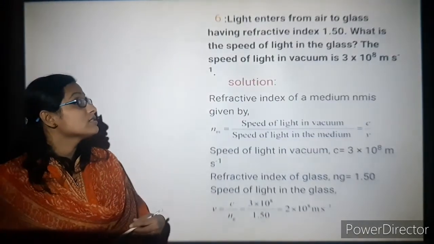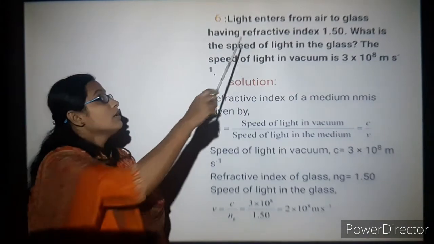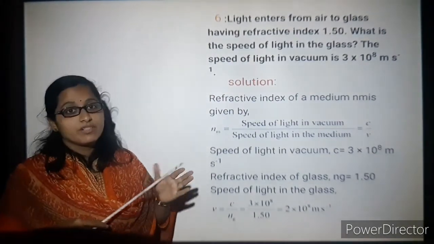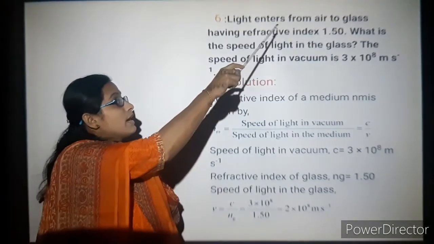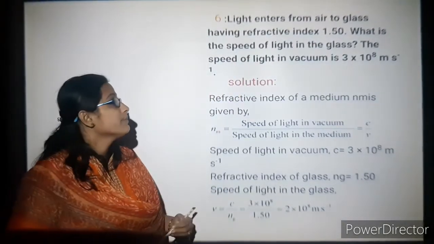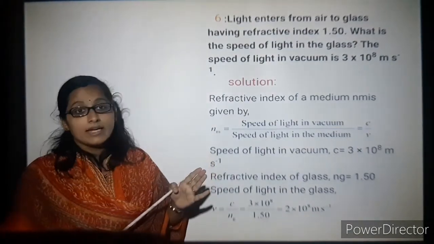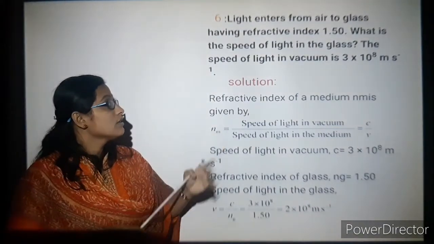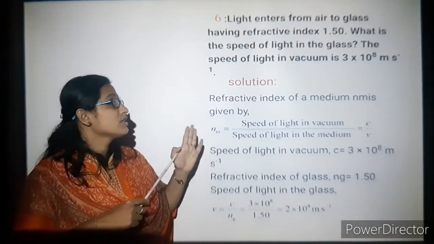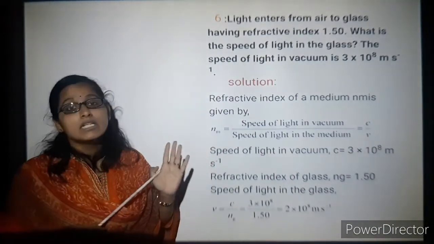So going to the next. Light enters from air into glass, so you have seen a glass prism. From air to glass having refractive index 1.5, what is the speed of the light in the glass? The speed of light in vacuum is given as 3 into 10 to the power of 8 meter per second.